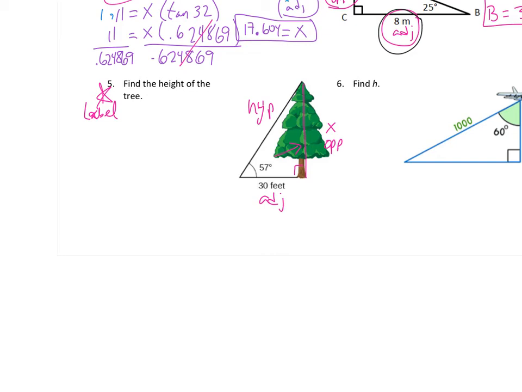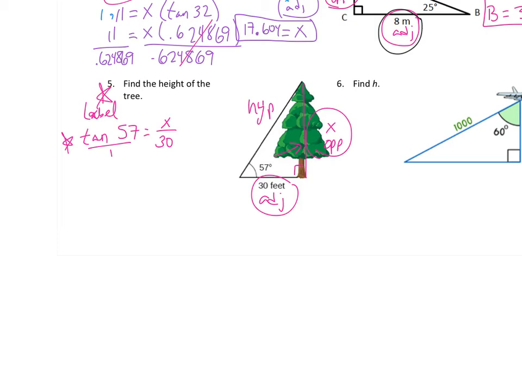And we need to use the 30 because we're given that number, and we're trying to find the x, so we have to use that number. And the only one that uses adjacent and opposite again is our tangent. So tangent of our degree equals our opposite over adjacent. And now I want you to go through and solve for the x.